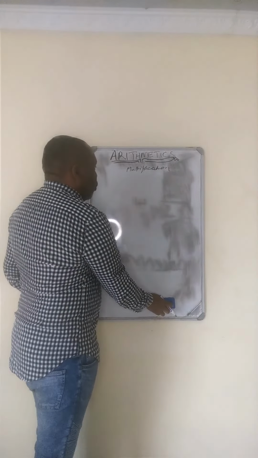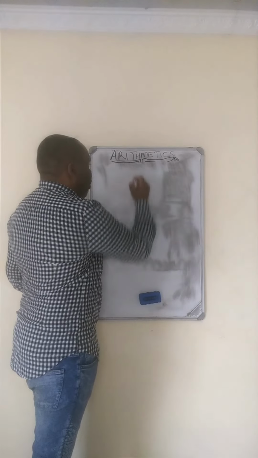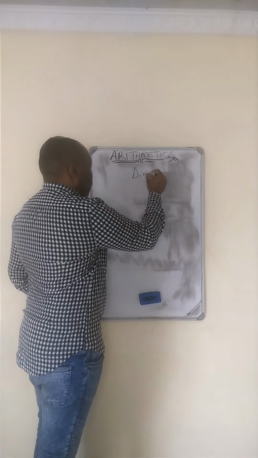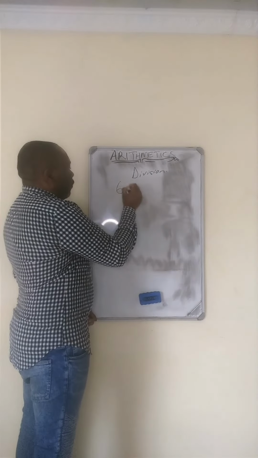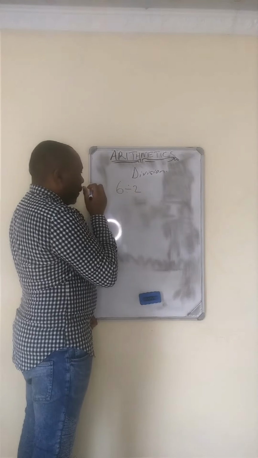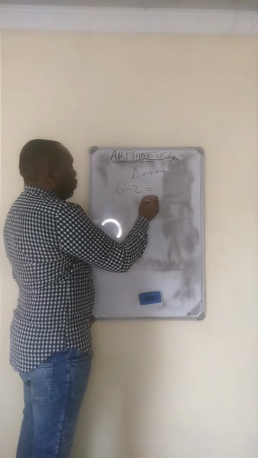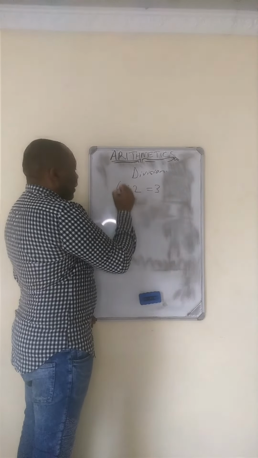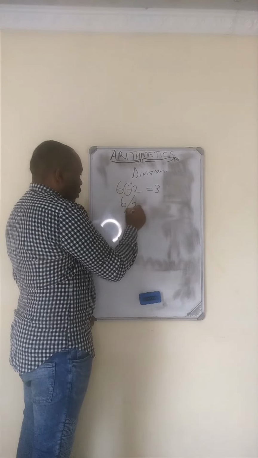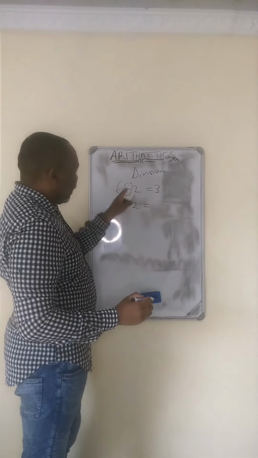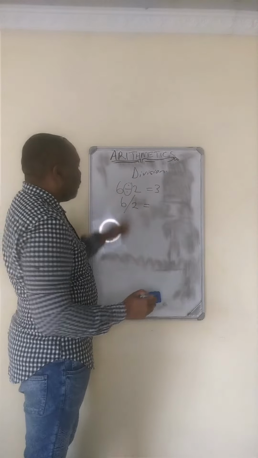And then we come to division. Six divided by 2 is equal to 3. This sign is the same as saying 6 stroke 2. This is the same as this. It just tells me I'm dividing.